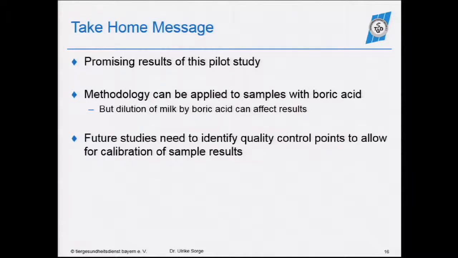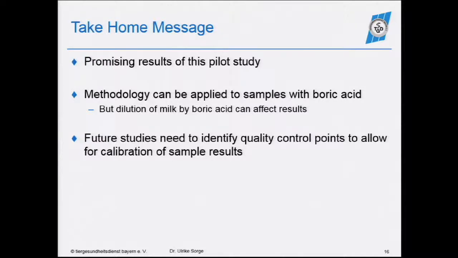So if you slept through my talk until now, what I want you to take home is that it's actually quite promising. It seems that samples conserved with boric acid might work, but you really have to make sure that your samples are really well collected, really well mixed.